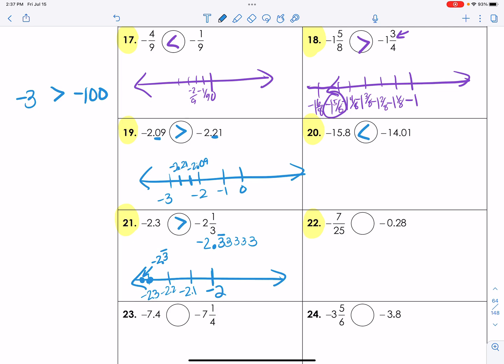So on the next one, if I do 7 divided by 25, so 25 divided by 7, so 2. Bring down the 0. That would be a -0.28. Oh, they're equal to each other, correct?